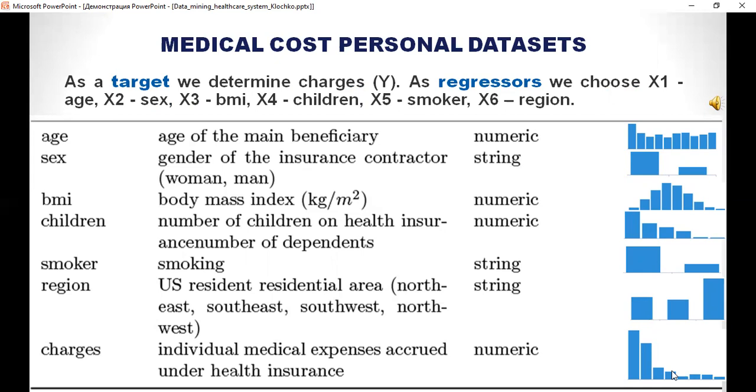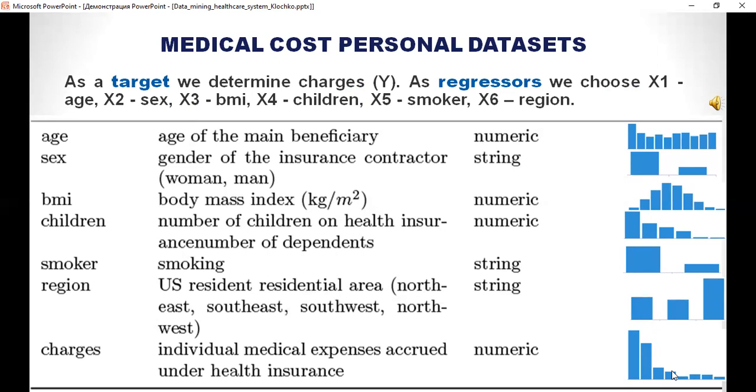Charges are the individual medical expenses incurred under health insurance. Predictors: Age is the age of the main beneficiary. Sex of the insurance contract holder. BMI is body mass index. Children is the number of children covered by health insurance, the number of dependents. Smoker indicates smoking.